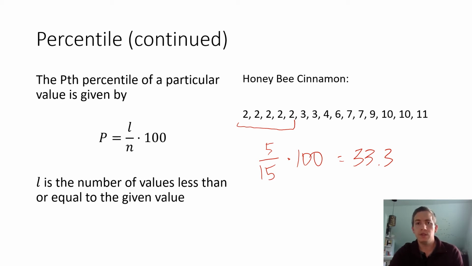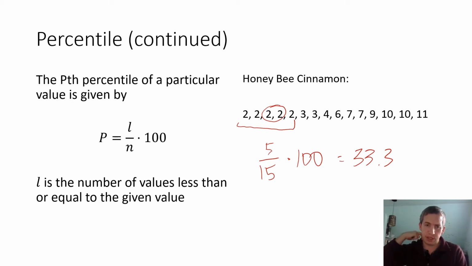For example, you might say, all right, I want to know what value is in the 20th percentile. In other words, I want to know what value is larger than or equal to 20% of all other observations. 2 happens to be that value. Remember, it's in the third and the fourth spot, and we take the arithmetic mean. So that's when you know what percentile you're looking for and you need the value.